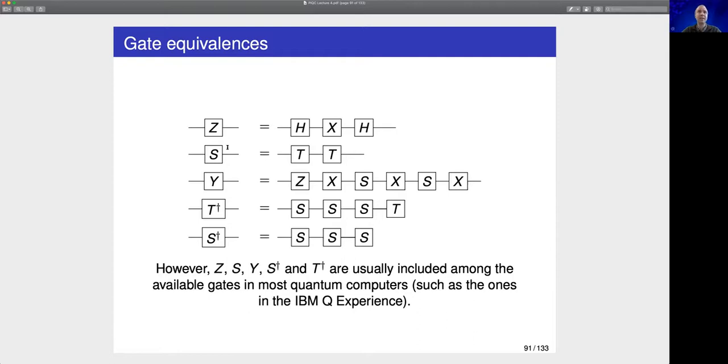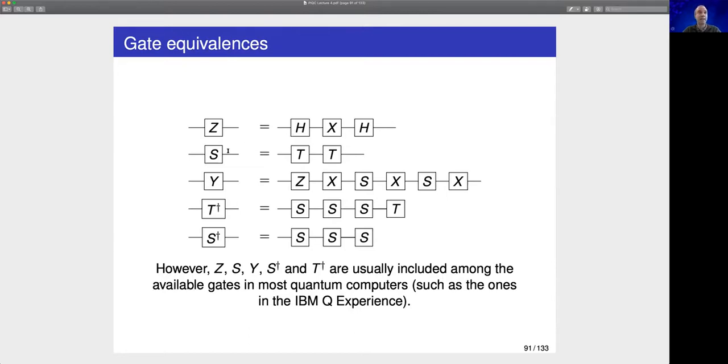Okay, so for instance, this is something that you can check easily, each of these equivalences, either by computing the product of the matrices or by using Quirk, for instance. And you can see, for instance, that Z can be generated as this product of the Hadamard gate, the NOT gate, and then again the Hadamard gate.